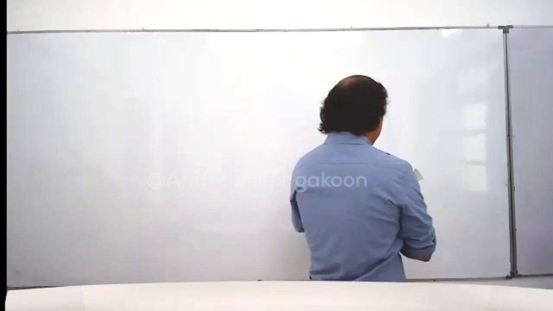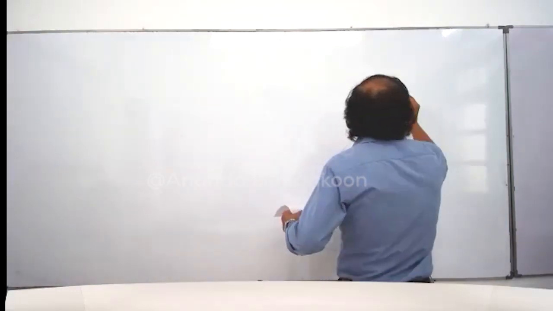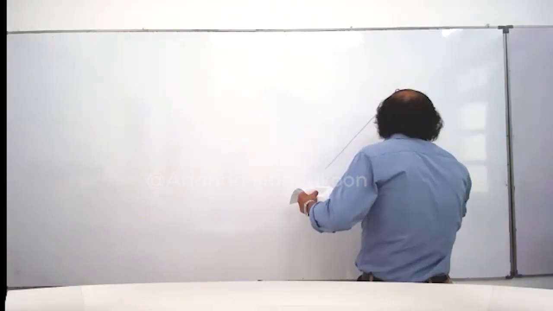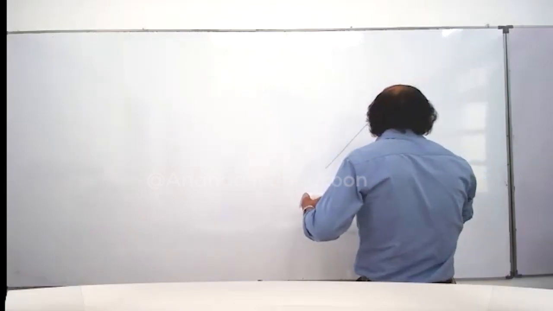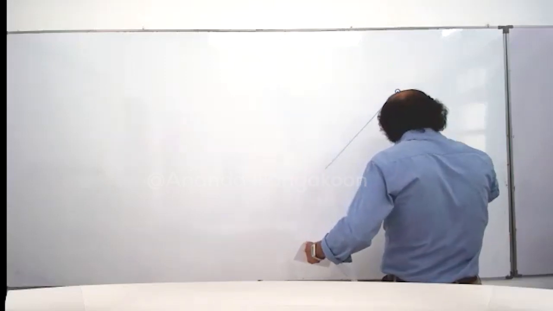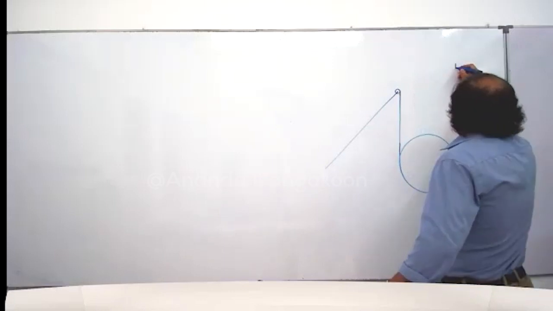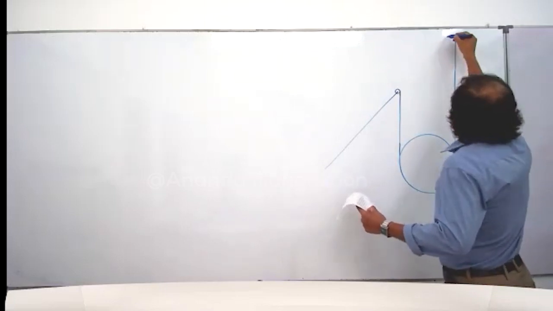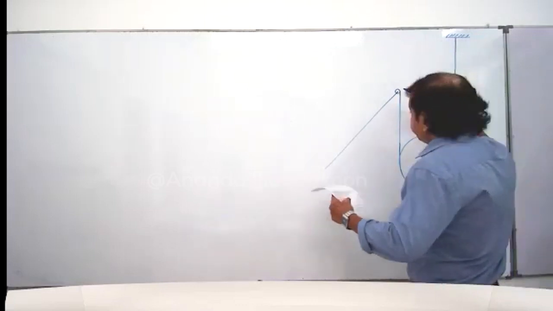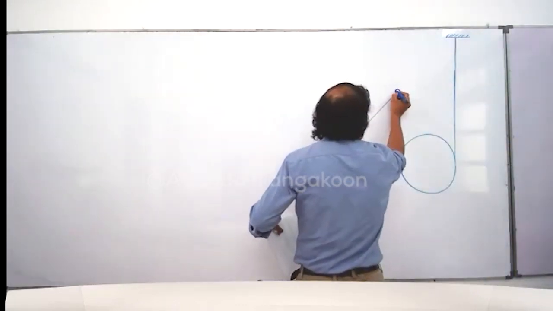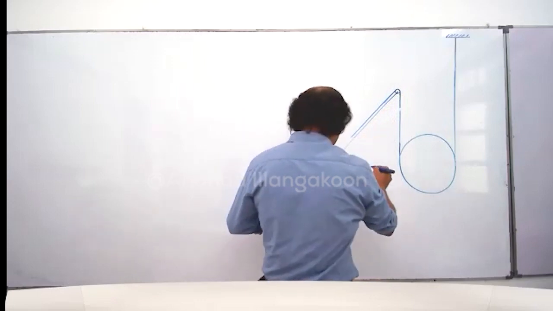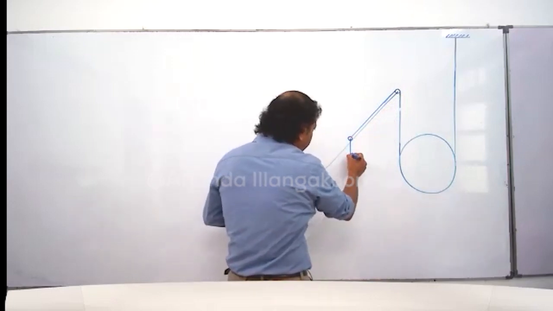Okay, this diagram. We have a pulley. Here, P. Mass is mg.